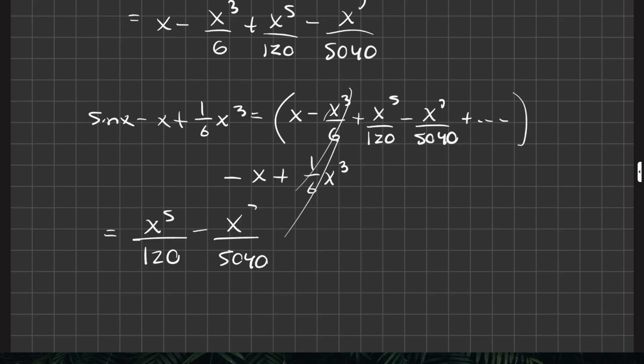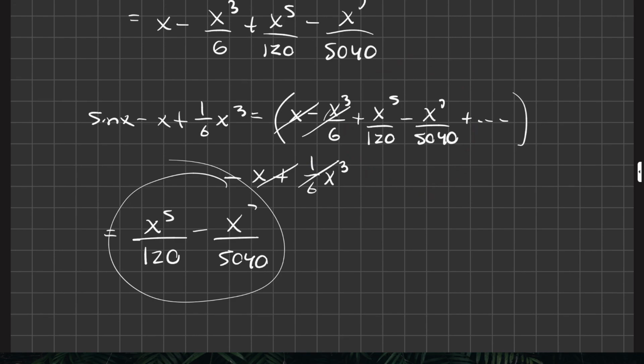These are going to go away, and these are going to go away. And we're just left with these. So these terms cancel, and then all we're left with is these terms. So our numerator is actually just this. And we have to remember that this is just the numerator. Our denominator had this all divided by x to the 5th.